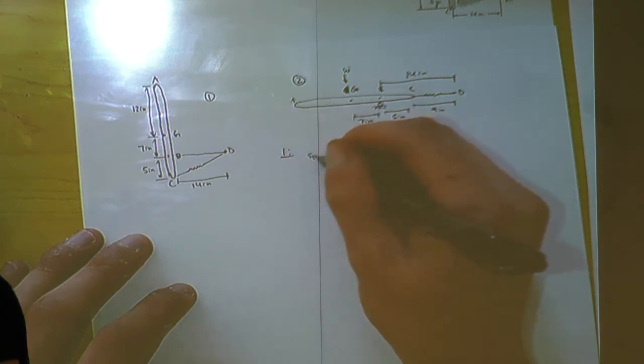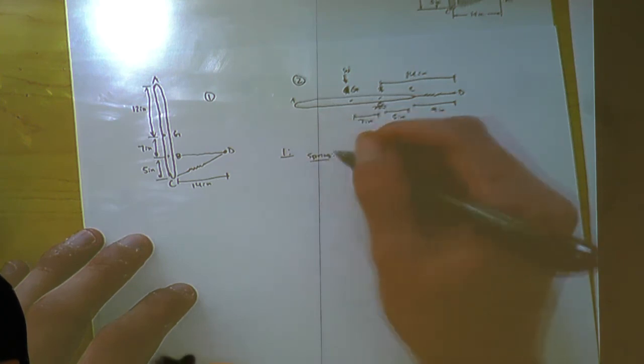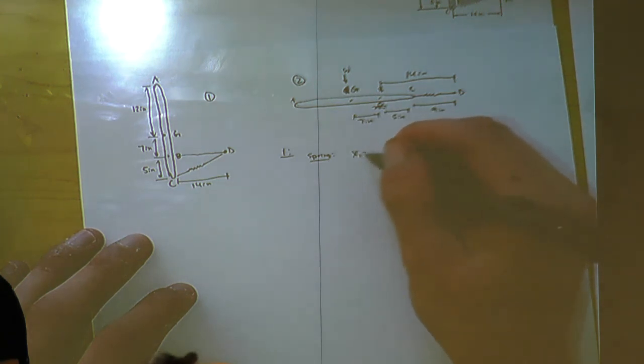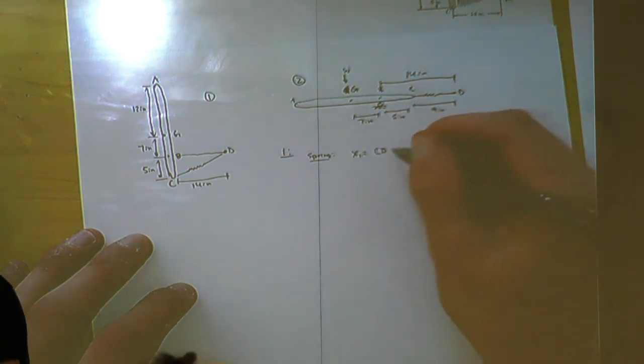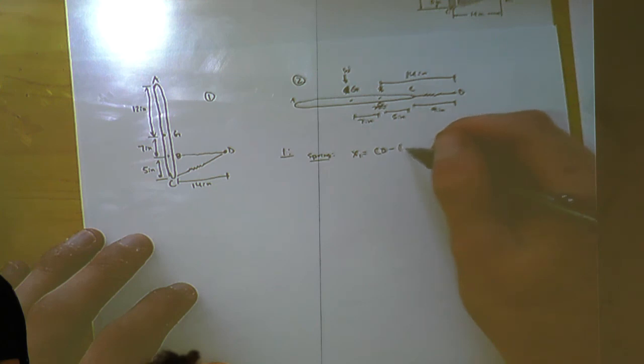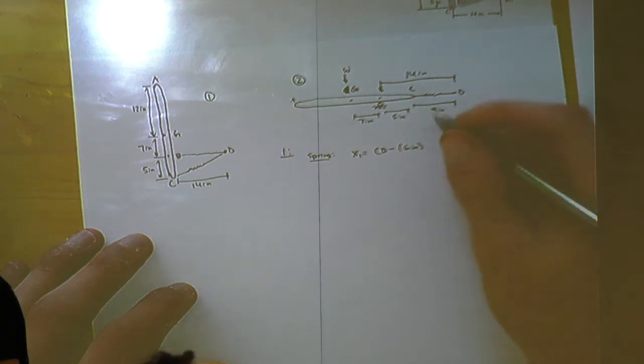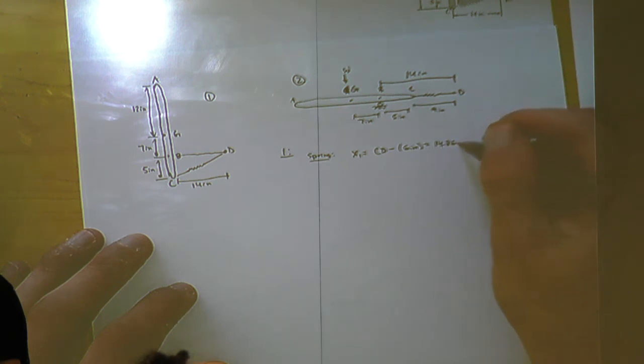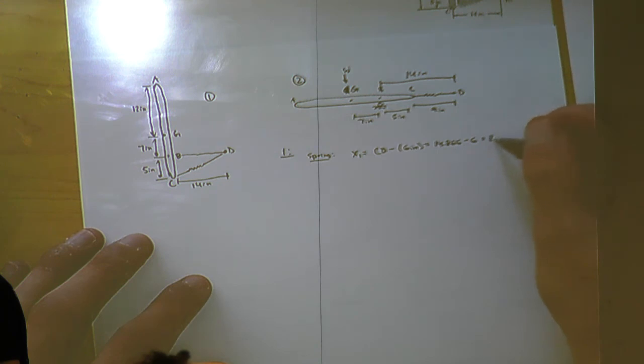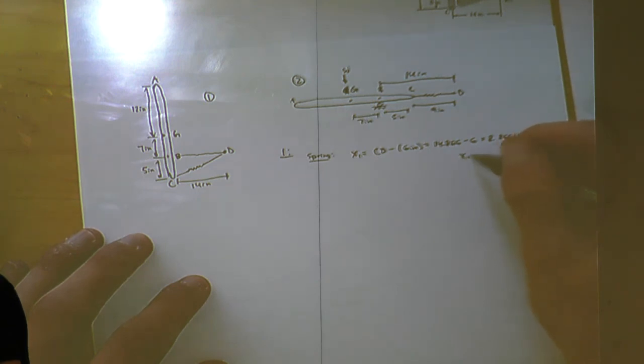We have x1 is equal to CD minus the unstretched length of 6 inches. It's going to give us 14.866 minus 6, which gives us 8.8661 inches, or 0.73884 feet.